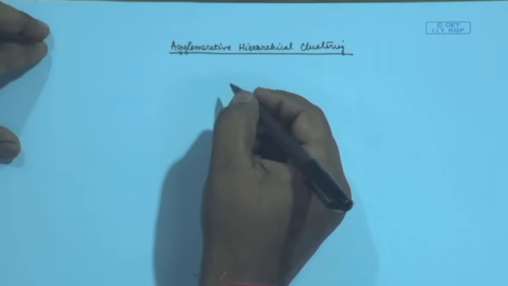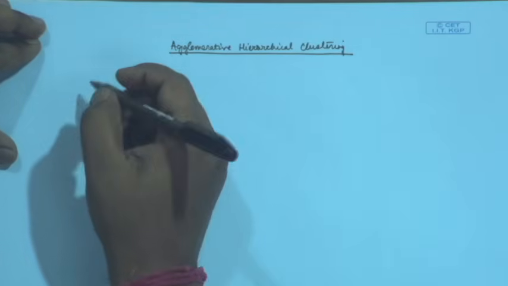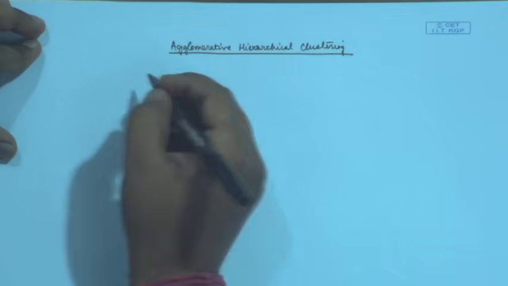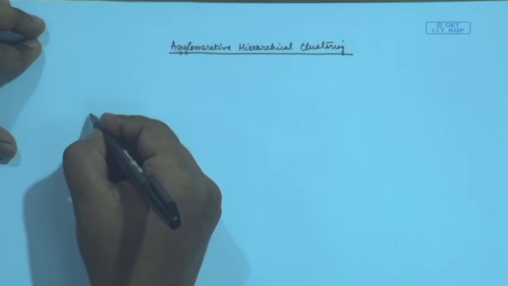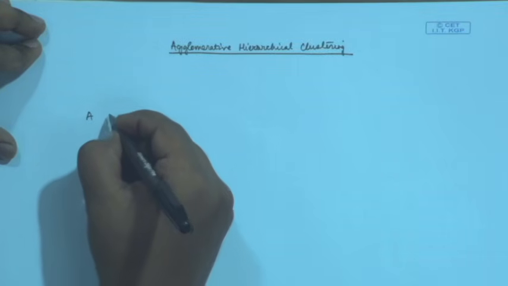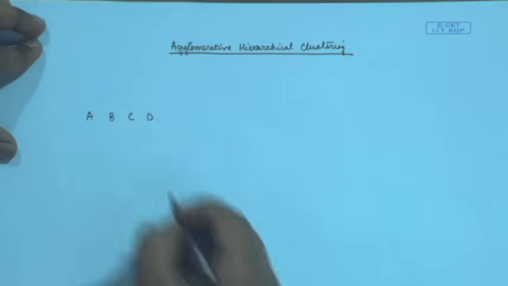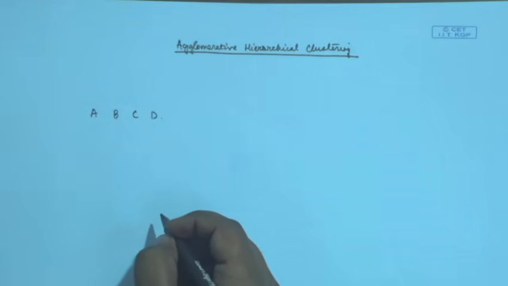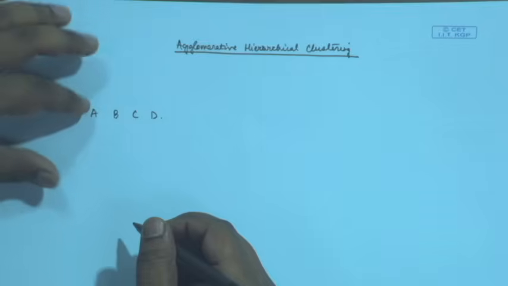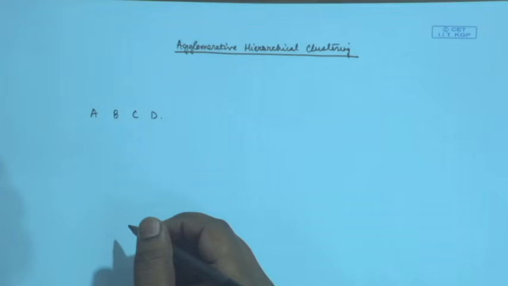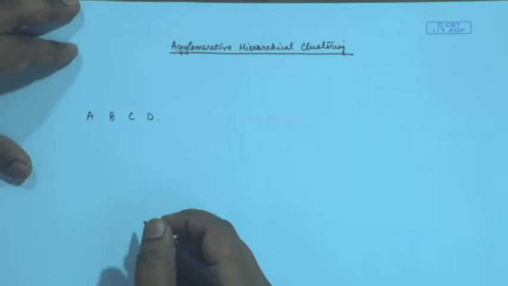The agglomerative hierarchical clustering method, the approach is that you start with, say we have 4 points. What you do is initially you think that each point is a cluster in itself.